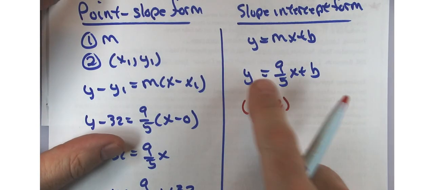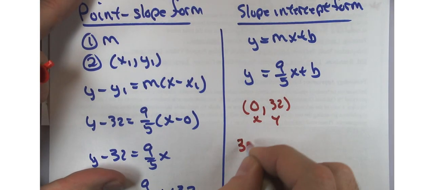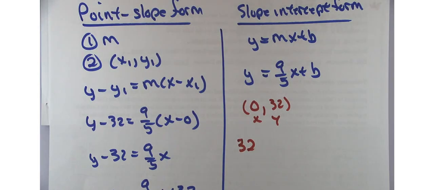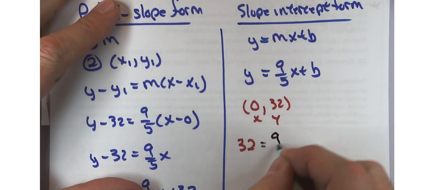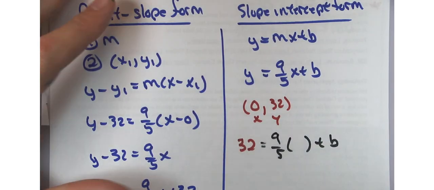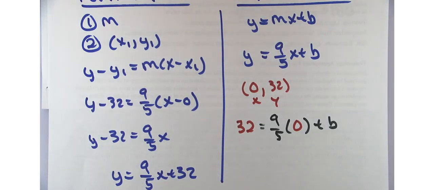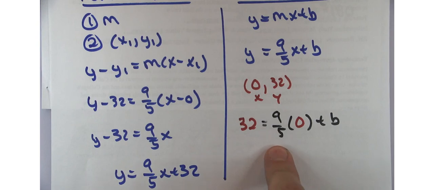Let's plug that in, and that'll allow us to solve for b. So that's going to be 32, which is your y value, equals 9/5 times x plus b. 9/5 of 0 is 0.